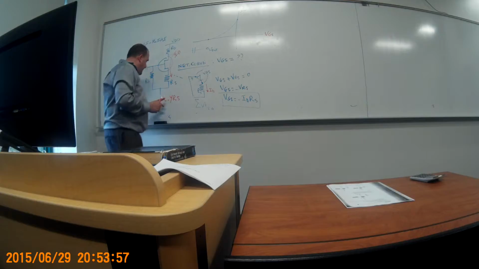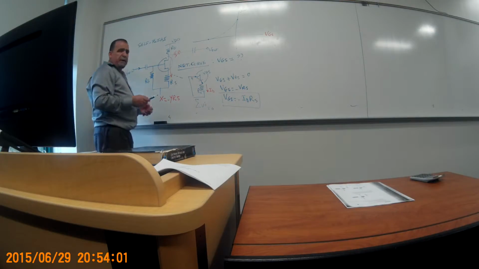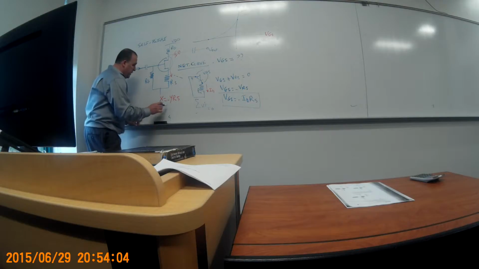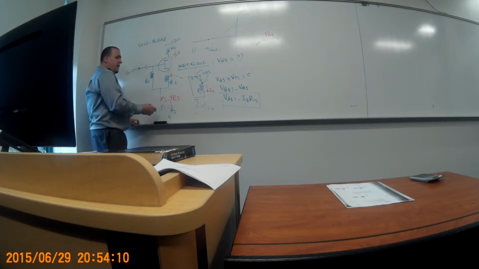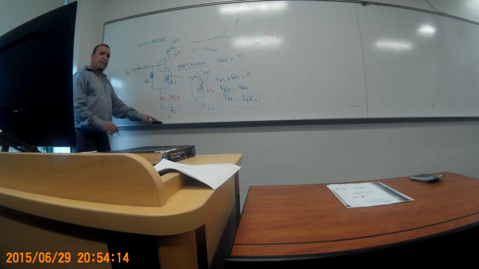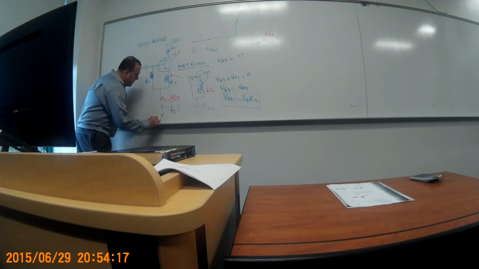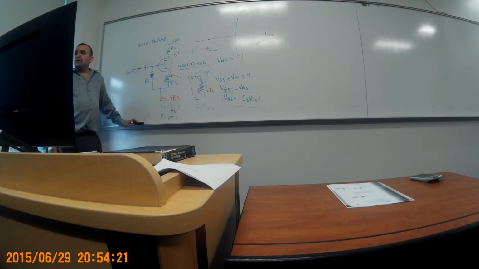Now normally a function is always written with respect to Y. So I could claim that Y equal minus 1 over RS, times X. As if this is Y equal MX, but the slope is negative, isn't it?